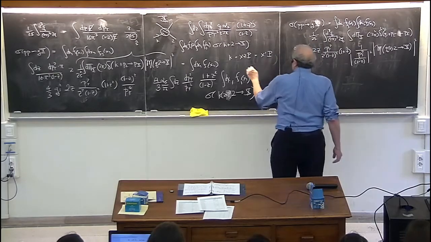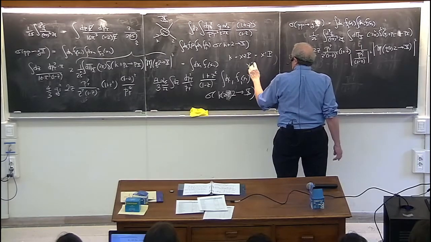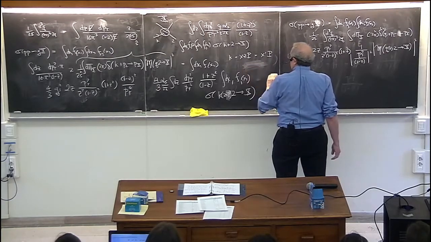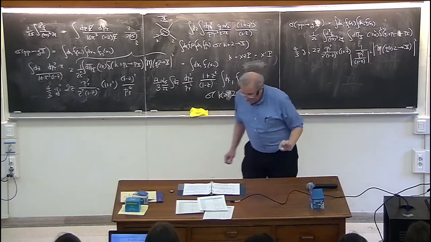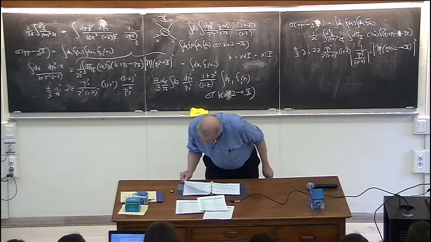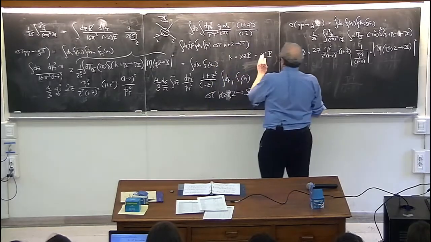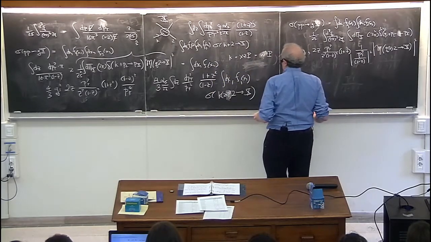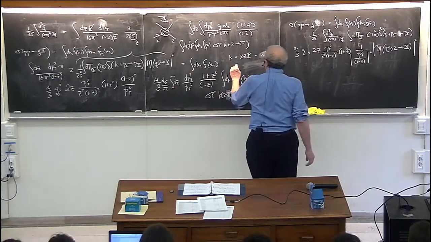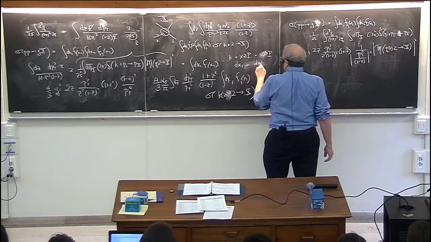So x prime is equal to xz, or here, I'm getting way ahead of myself, I'm sorry. Let's call this w. So then dx1, which appears here, is equal to dw divided by z.